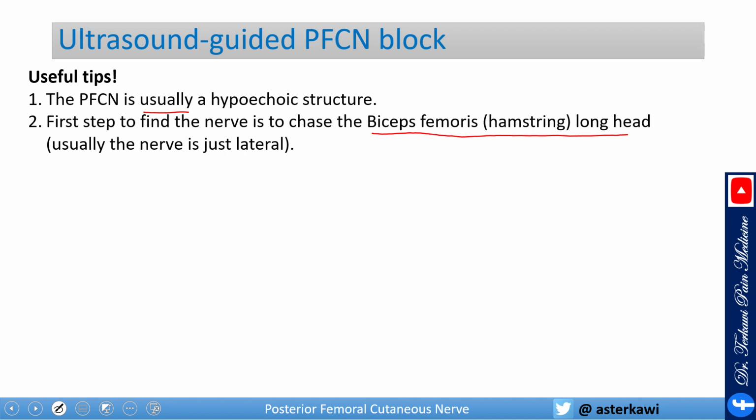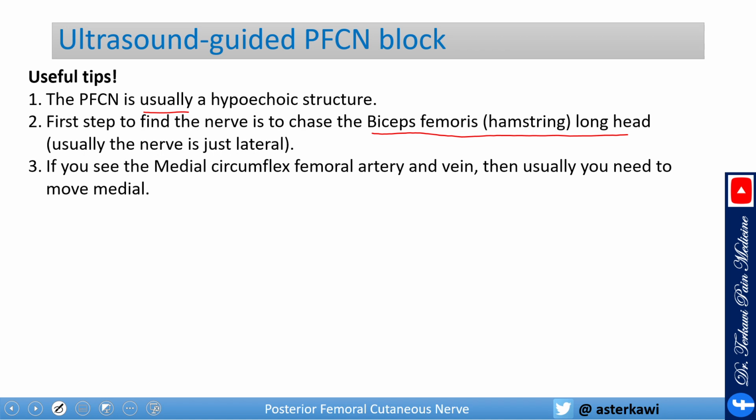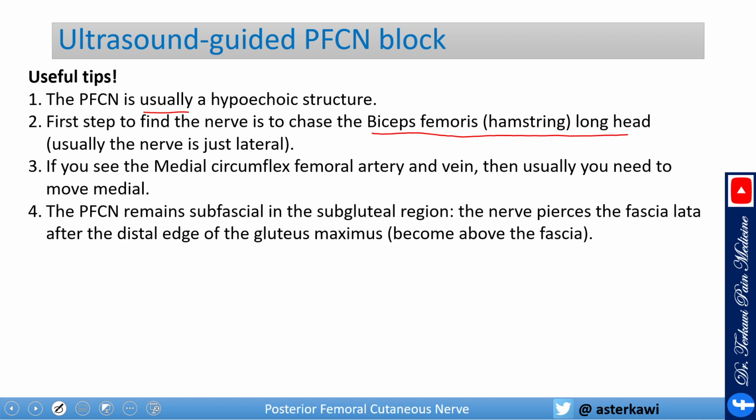It's easy, you can even palpate the biceps femoris head and put your ultrasound right there. If you see the medial circumflex femoral artery and vein, you are probably lateral and you need to move medial. The posterior femoral cutaneous nerve remains subfascial in the gluteal region.